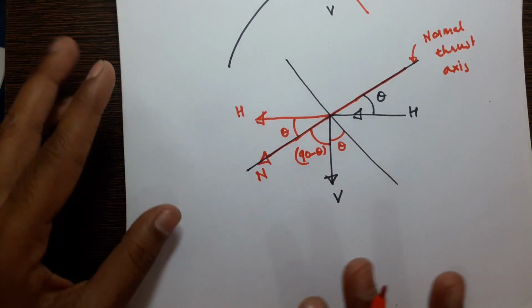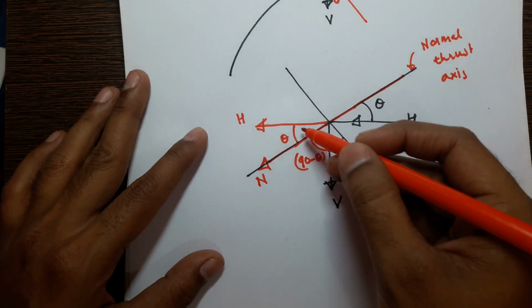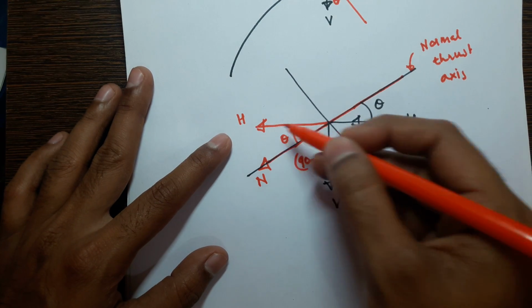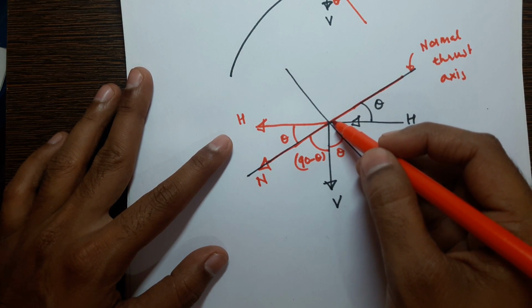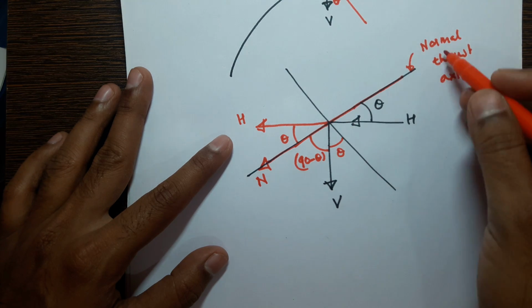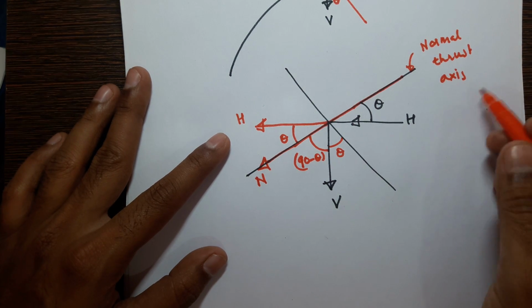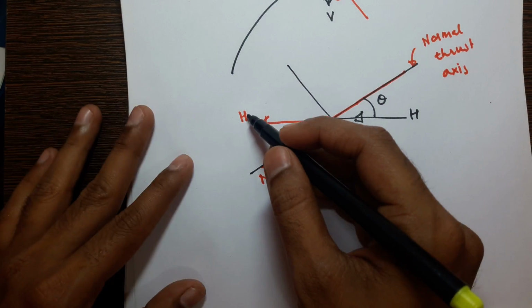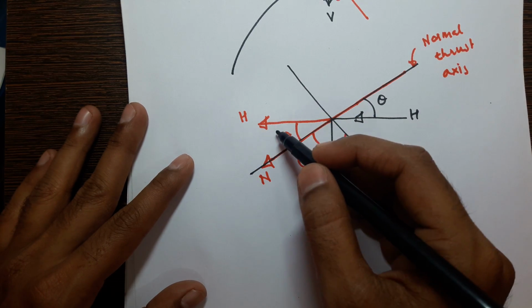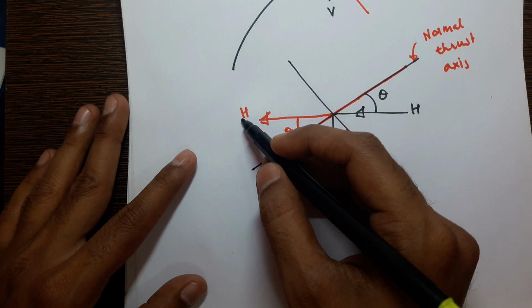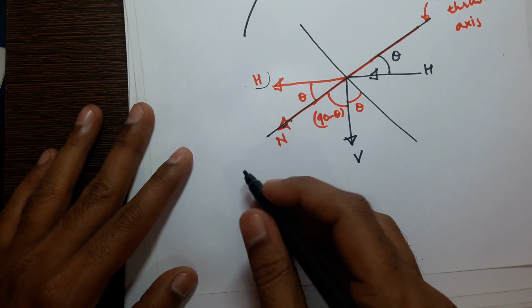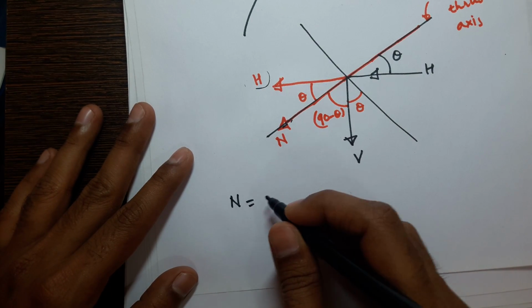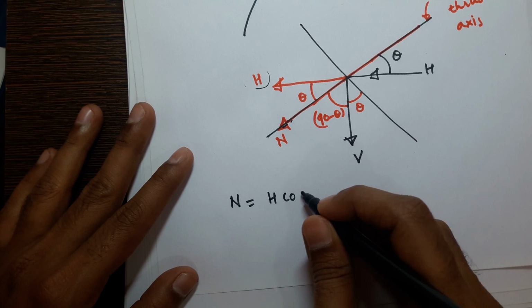So what we have to do here is resolve this horizontal reaction and this vertical shear along the normal thrust axis. If you want to resolve the horizontal reaction along this axis, it will be normal thrust equal to H cos theta.